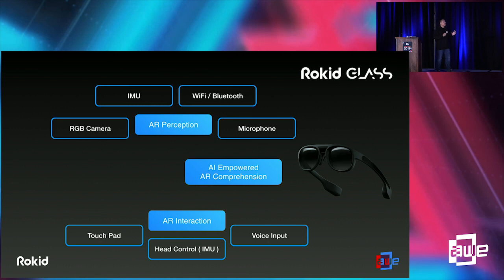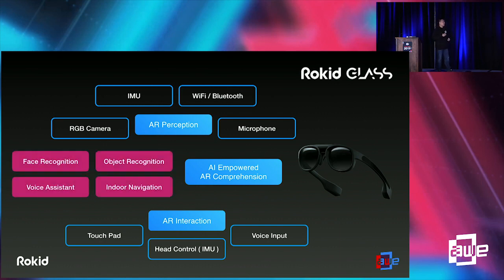So how do we combine these together to build a great app for Rokid Glass? We provide the SDK for Rokid Glass developers, including face recognition, object recognition, voice assistant services, and indoor navigation.